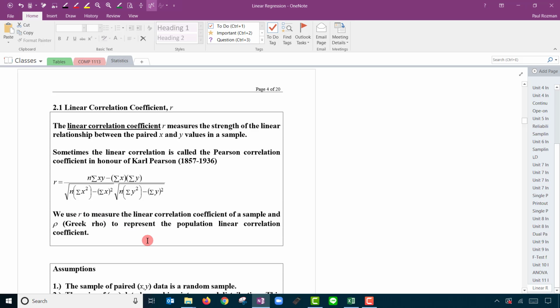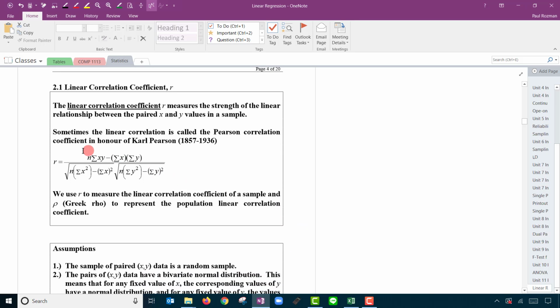It's an attempt to measure the strength of that linear relationship between paired values. This formula will only apply when you already detect that you have some sort of linear trend.